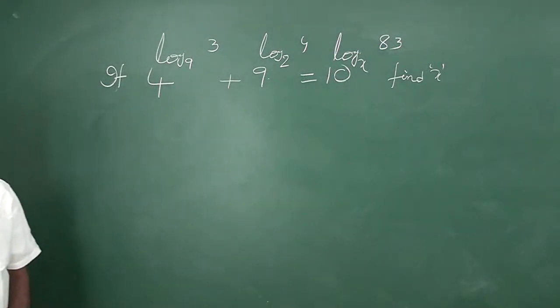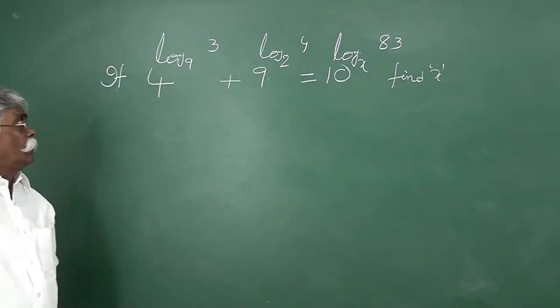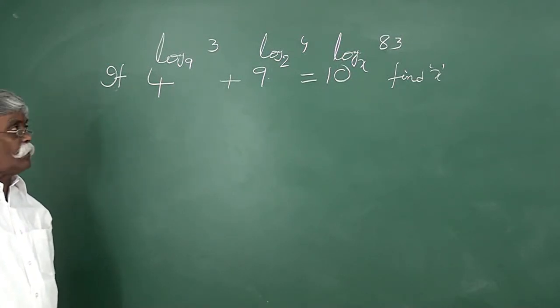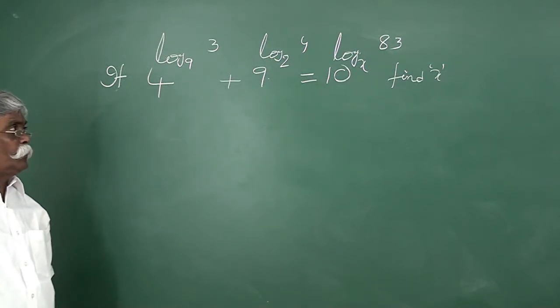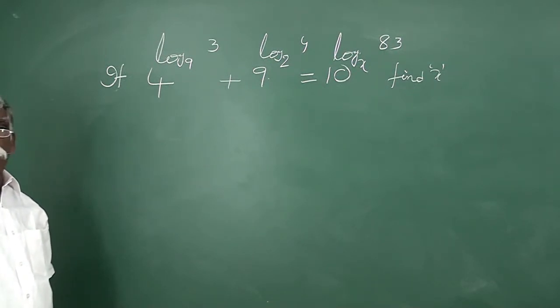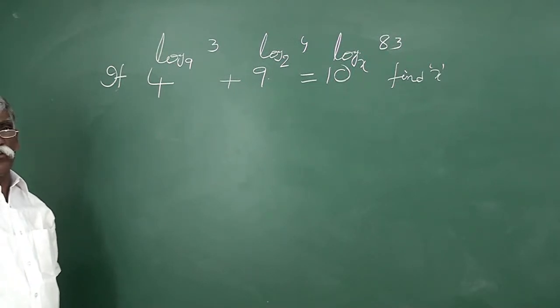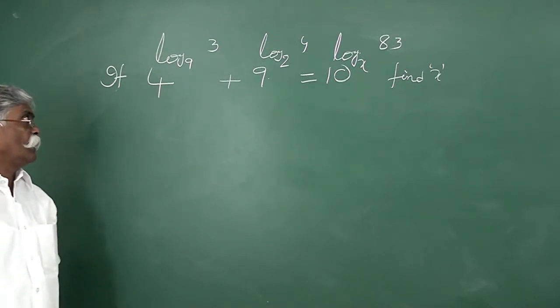So we are given one logarithmic equation which is 4 power log 3 base 9 plus 9 power log 4 base 2 is equal to 10 power log 8 base x, and we are asked to find the value of x.